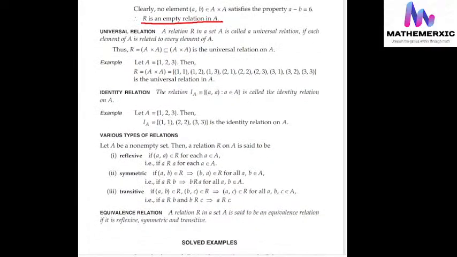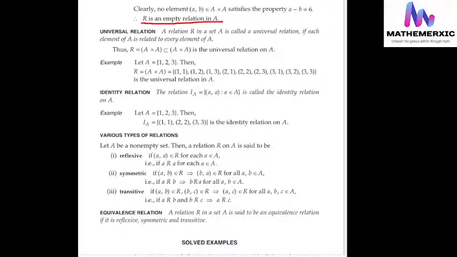Universal relation. A relation R in a set A is called a universal relation if each element of A is related to every element of A. A cross A, a subset of A cross A, is a universal relation on A. Here we have A is equal to {1, 2, 3}.